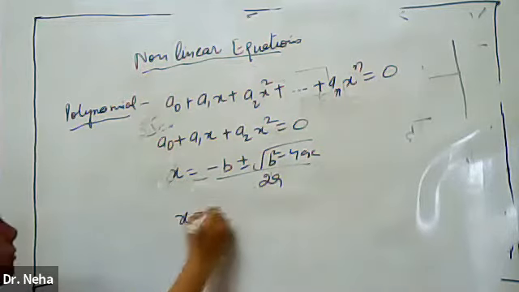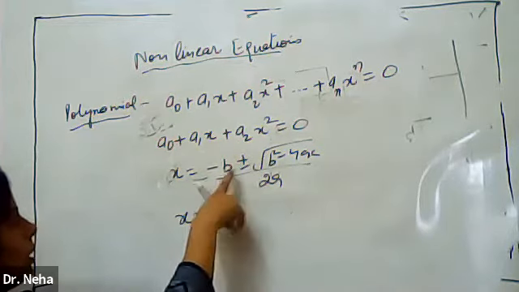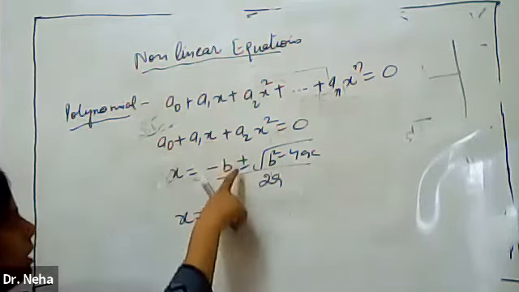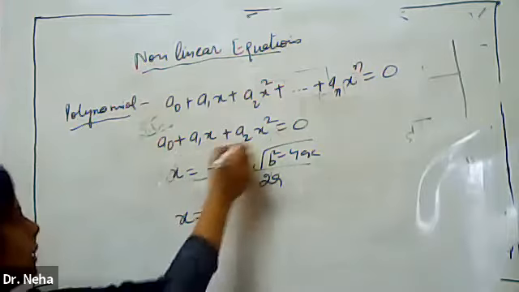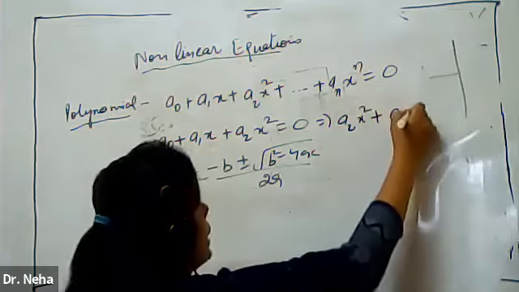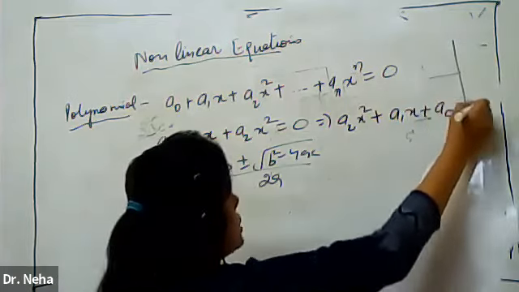Here we have a as a naught, b as a1 and c as a2. But you can write it in the order a2x square plus a1x plus a naught equal to 0.